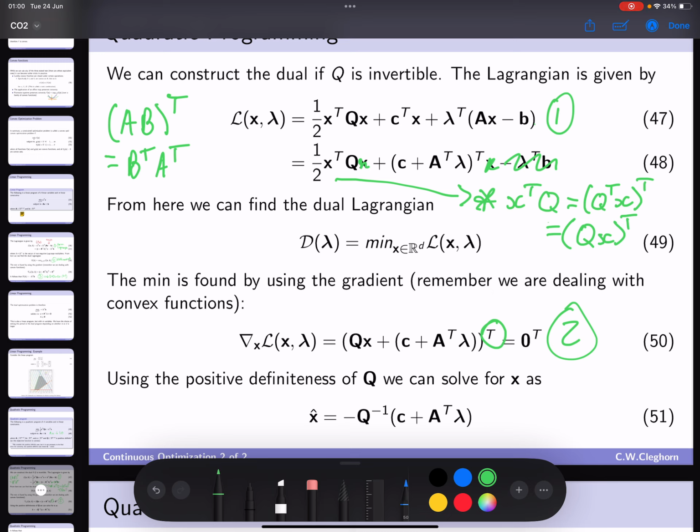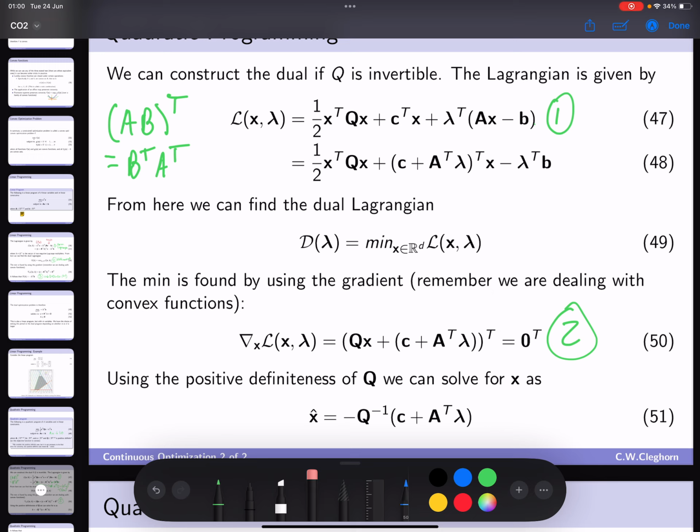And so now we can just group. Ultimately, we end up with, let's clean up a little bit, this term here. That is (Qx) transposed plus (c plus A transposed lambda) transposed.